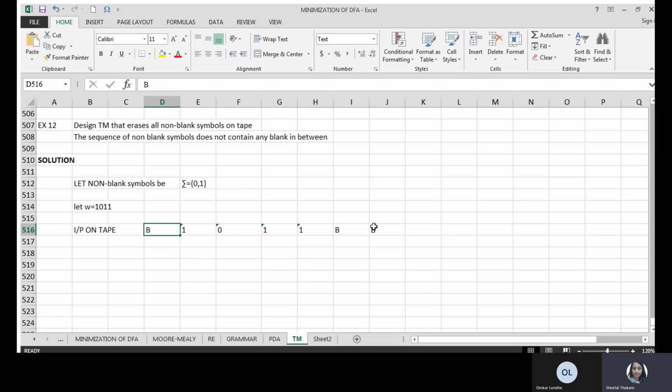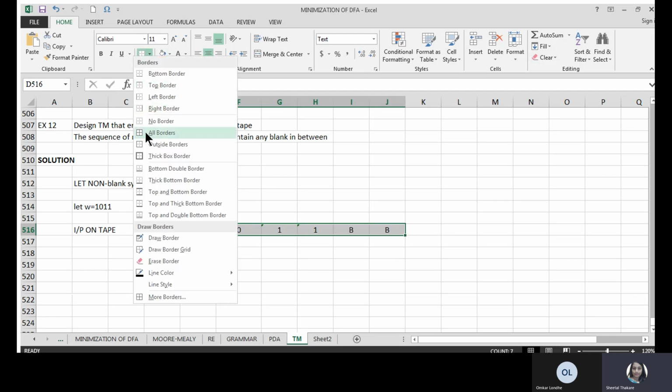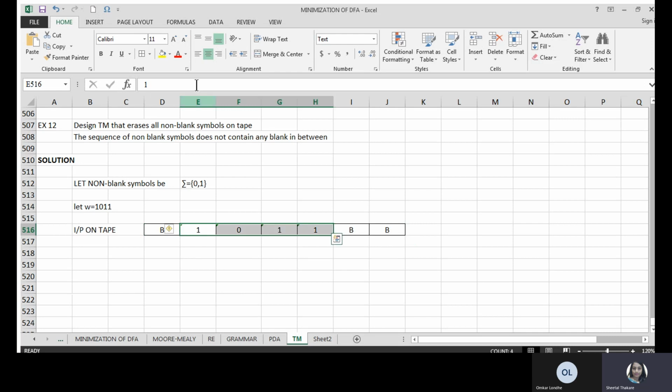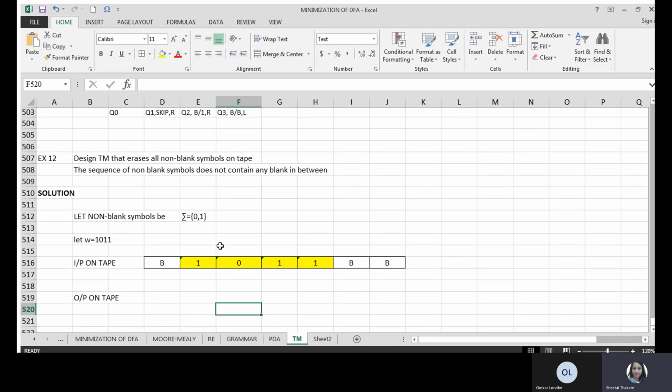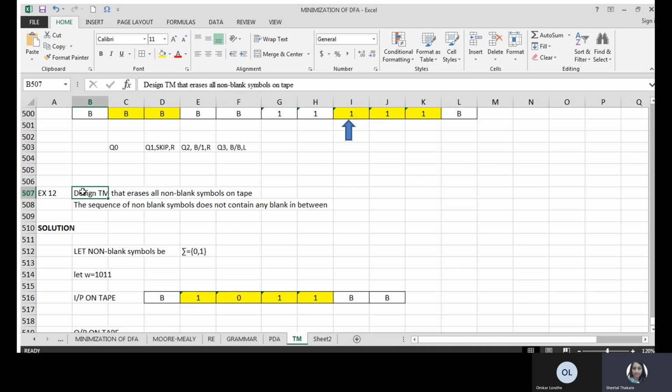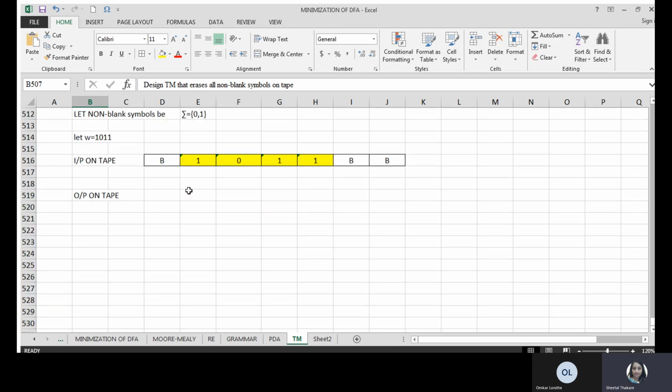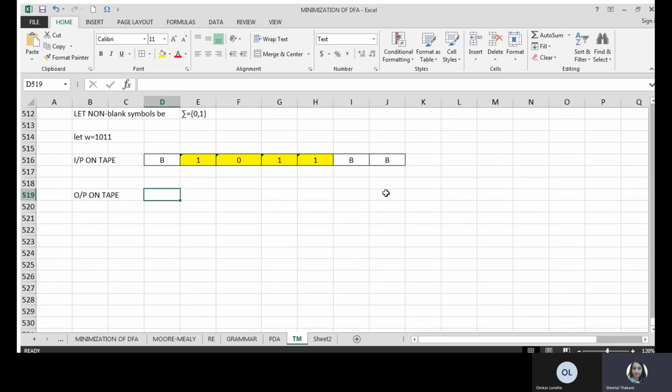So if this is the input on tape, the expected output, again, go to the sum and read it. It says design a Turing machine that erases all non-blank symbols on tape. So when you erase a non-blank symbol, blank will be left in the cell.